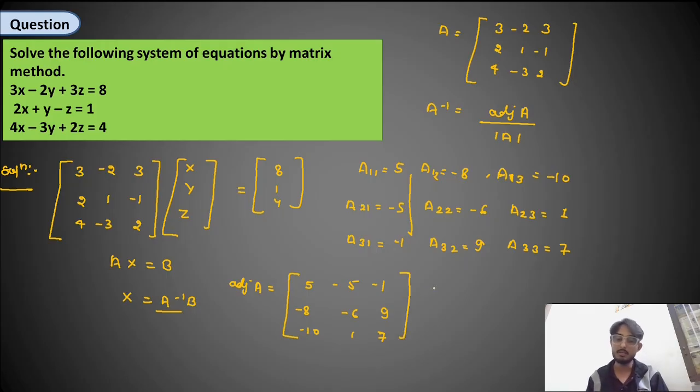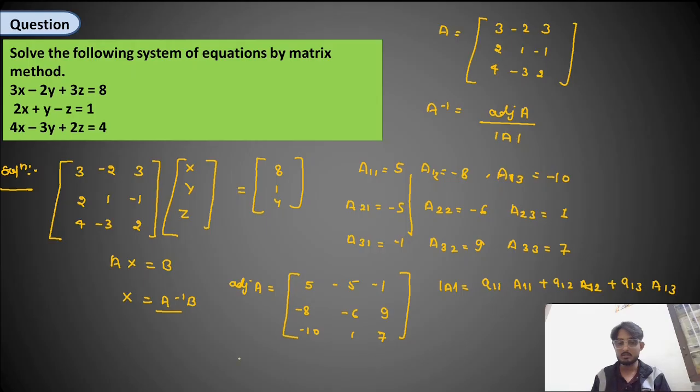Now you have to find the determinant of A, which equals a11 multiplied by A11, a12 multiplied by A12, and a13 multiplied by A13, multiplying the corresponding elements with their cofactors. Here a11 equals 3 and capital A11 equals 5.